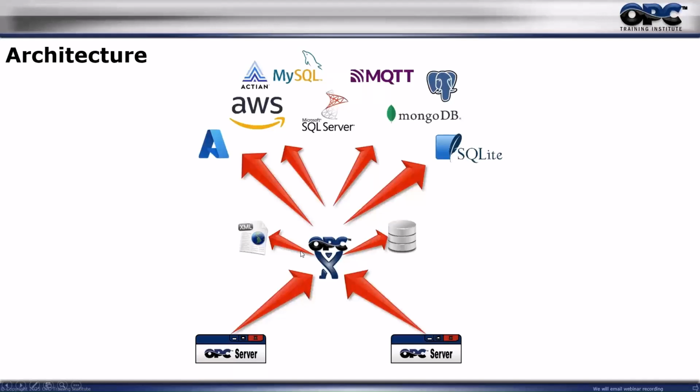So technically, OPC Expert doesn't even care. It really doesn't care whether it's connected to these systems or not. It doesn't have to care because it's always storing the data here. And then whenever there's a connection, it takes the data and sends it over. So it's store and forward. And that way you don't lose any data.